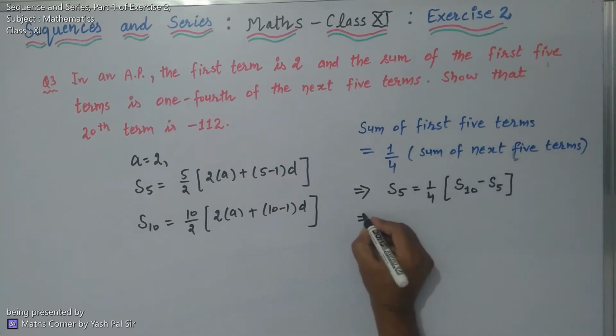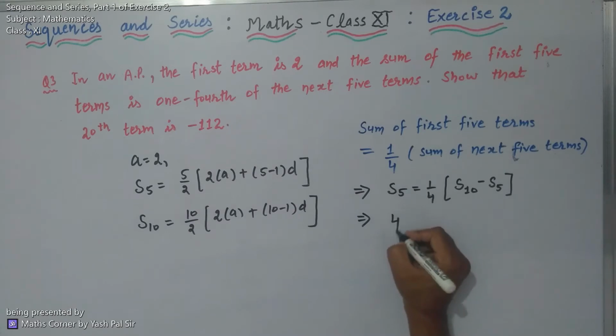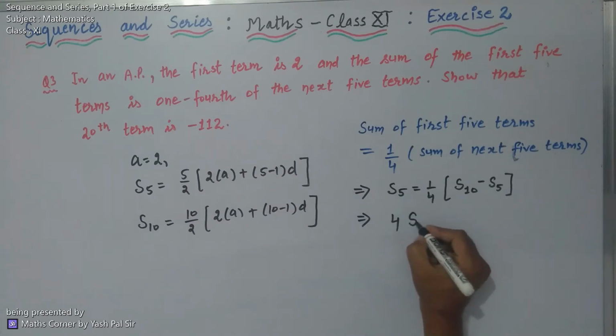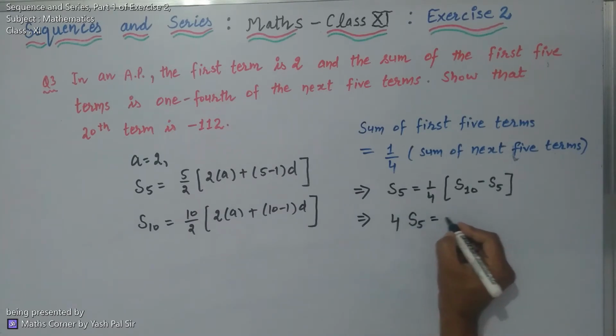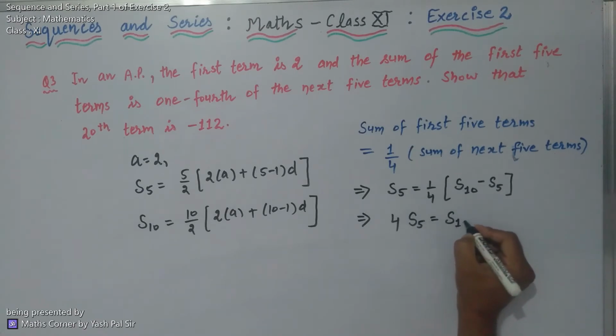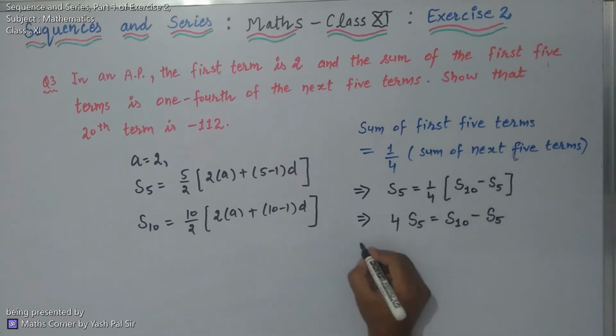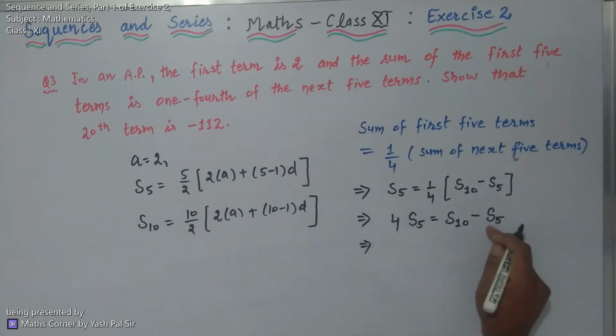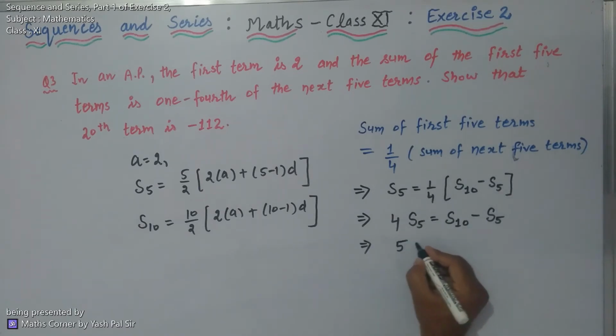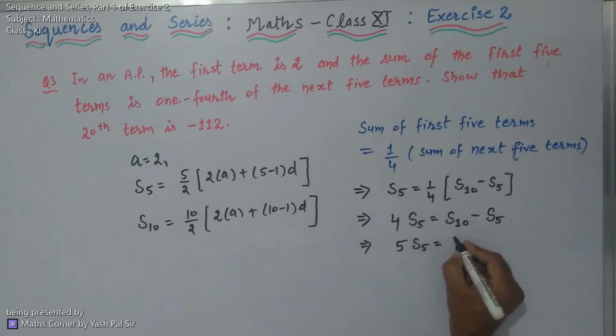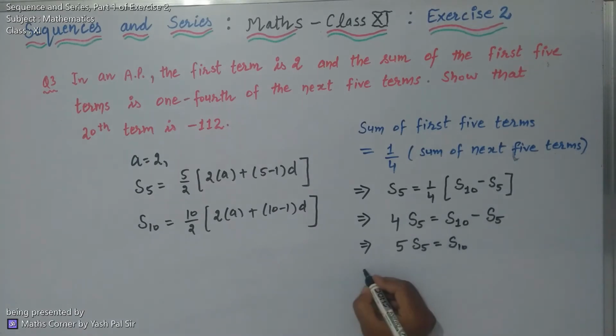So we solve this. This becomes 4 times S5 equal to S10 minus S5. That means 4 plus 1, 5 times S5 is equal to S10.